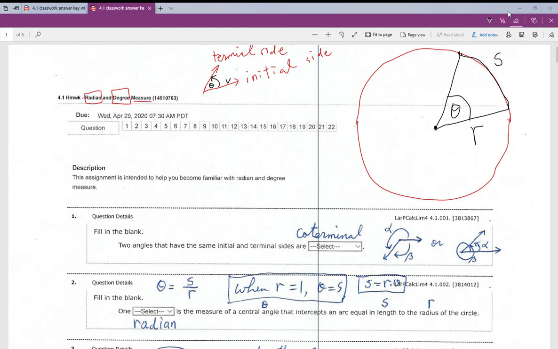We are simply talking about if one angle starts from the initial side and keeps going up to the terminal side, then it is an angle. We call it theta.